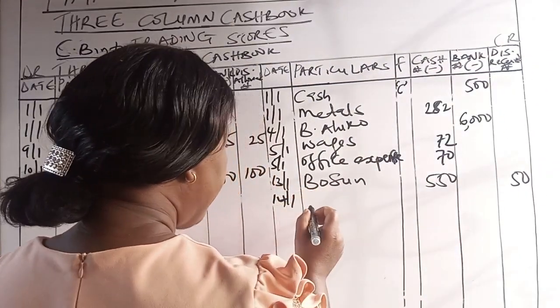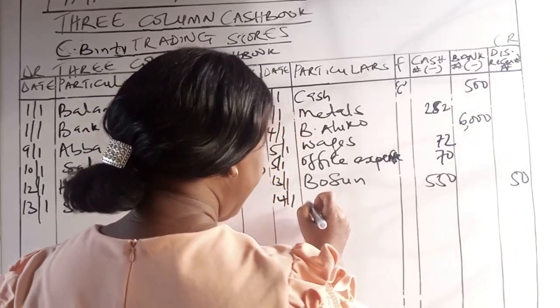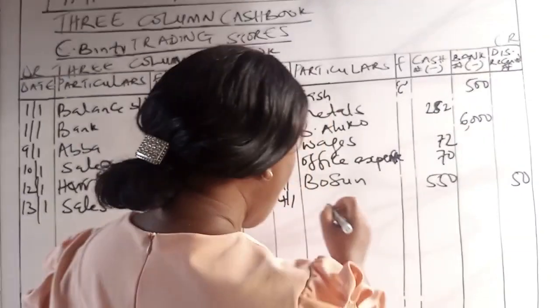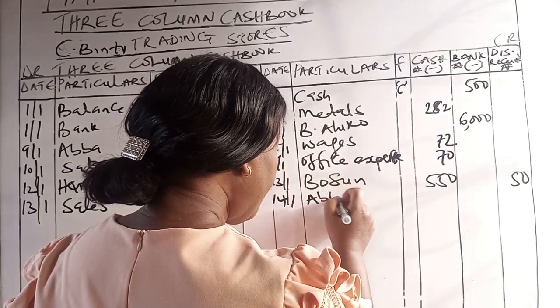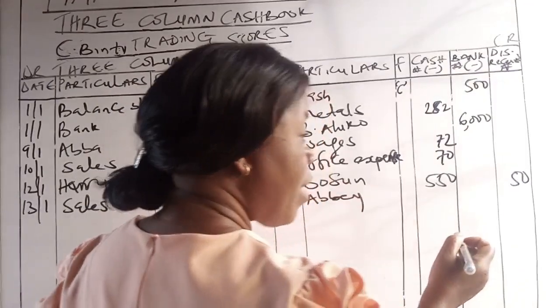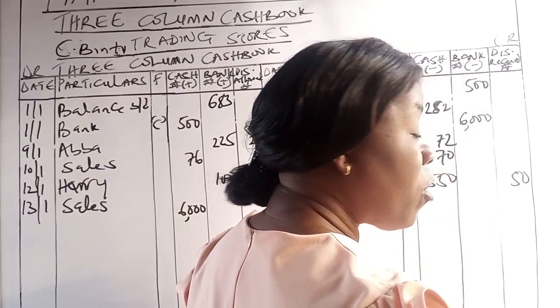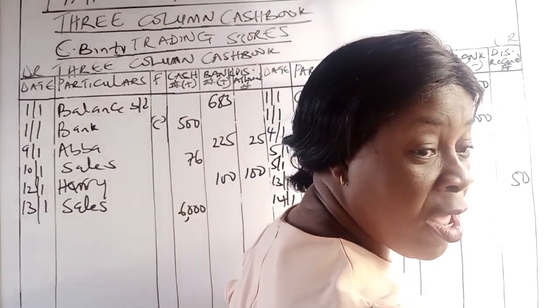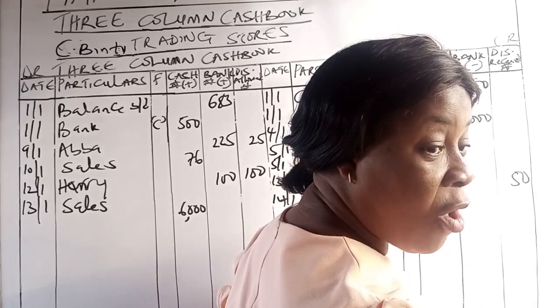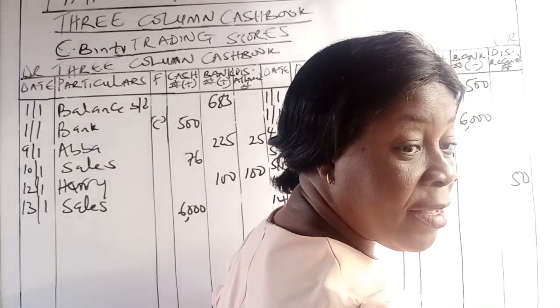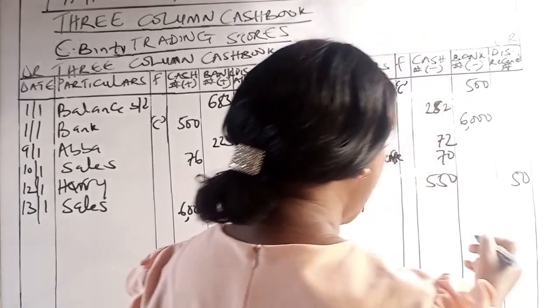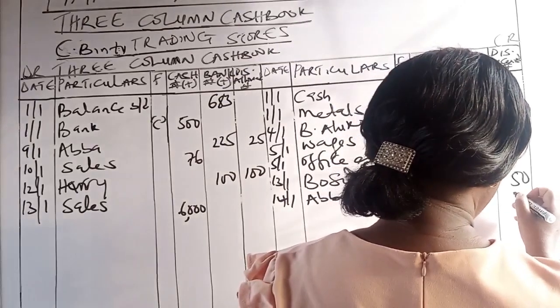14/1. The person that the organization purchased goods from was Abe. The price of the goods purchased from him was 5,000 naira, but he allowed the organization 5% discount. 5% of 5,000 naira is 250.